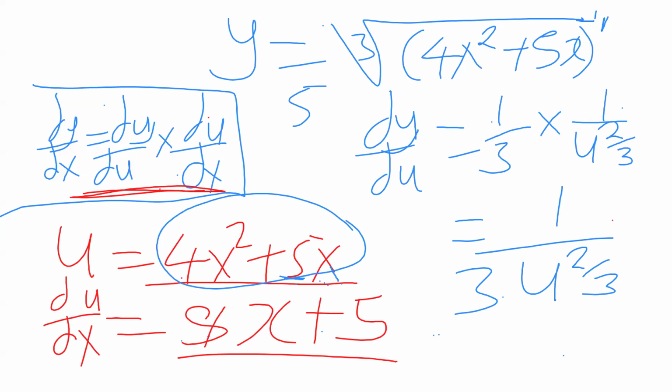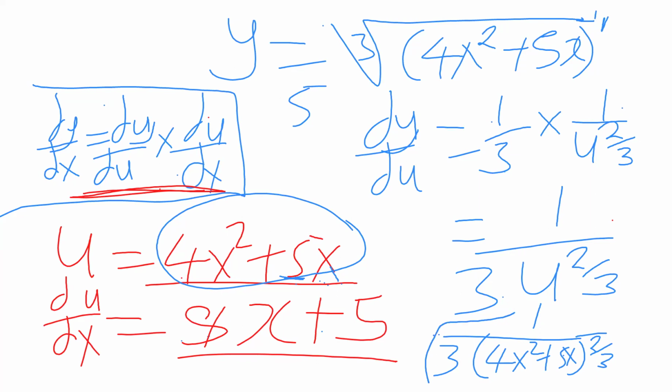We need to replace u so that our function is 1 over 3 times 4x squared plus 5x, closed, to the power 2 over 3. This is your dy over du. It is supposed to multiply with what? du over dx. Then you find your answer.